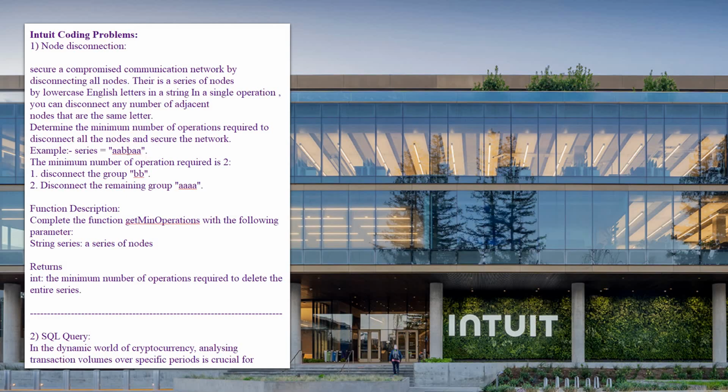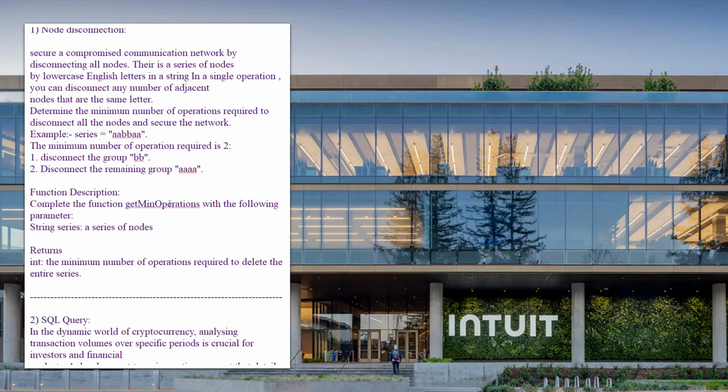Here the repeated groups are BB and AAAA. The first task is to disconnect the group B, that is BB. When you disconnect it, the remaining group will be 4 A's. Then you disconnect the remaining group of 4 A's, and the number of operations required is 2. So this is the task to do.